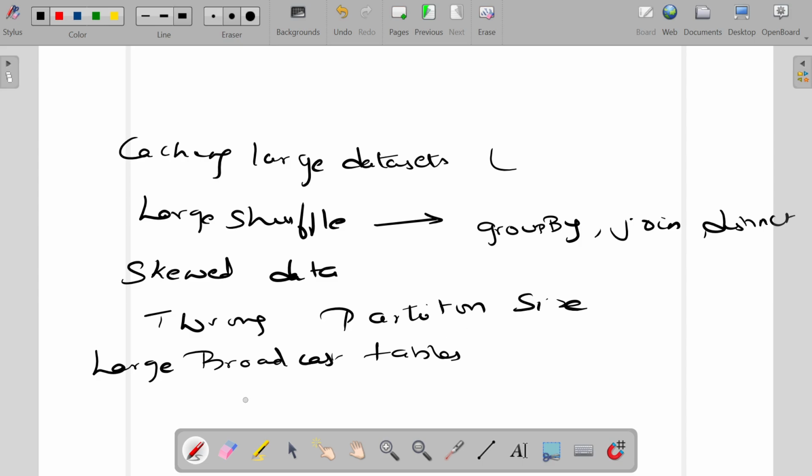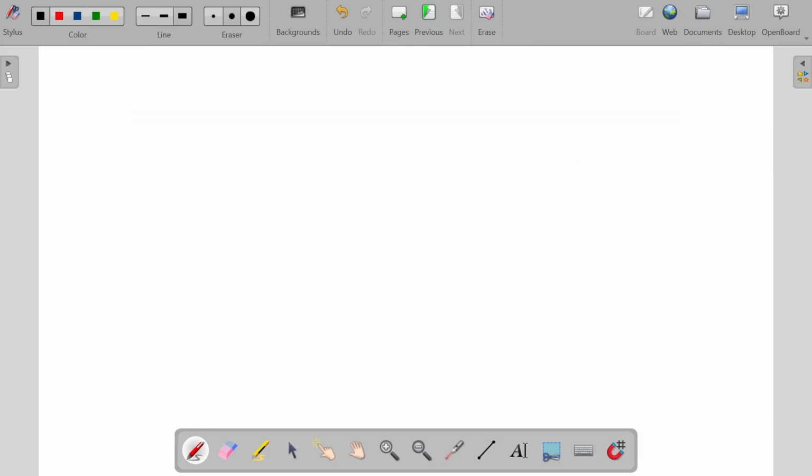And of course, for executors, you need to provide proper memory. If you have insufficient memory, that will also cause issues. Serialized objects as well: if your objects are very large, that will also cause an issue. So these are some of the things that can cause out of memory, and it can happen anywhere, in joins, aggregation, shuffle, caching, all this stuff.